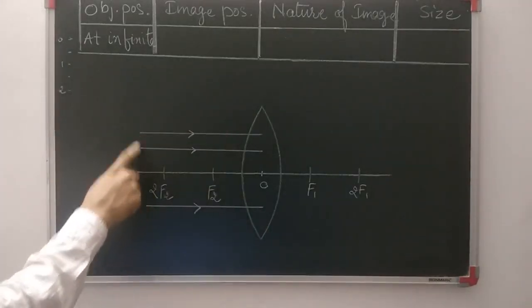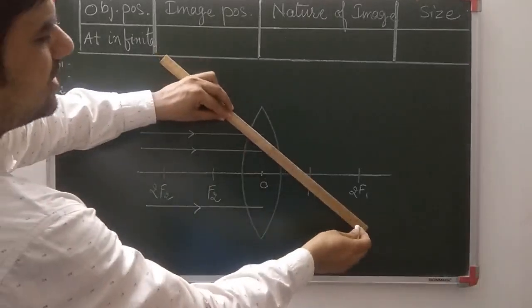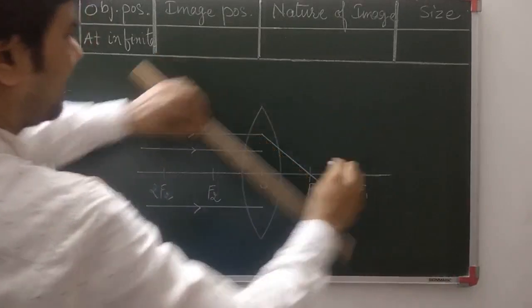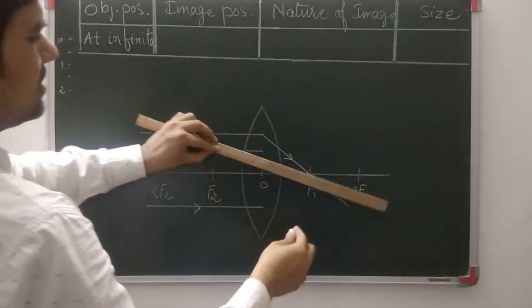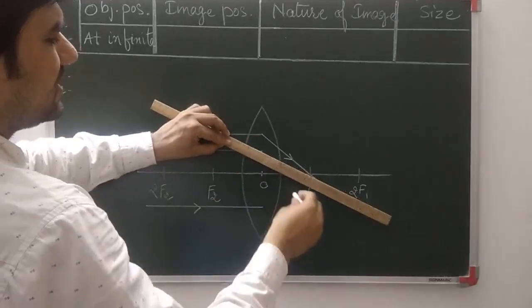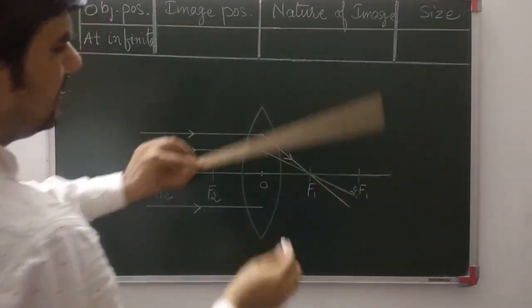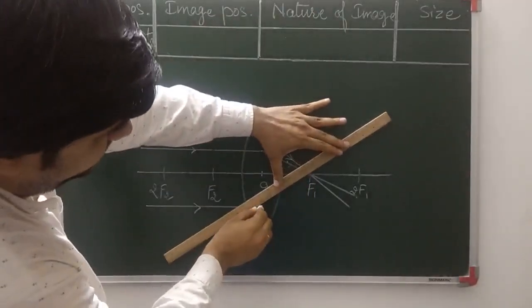We can consider the rays coming from the sun, for example. As we discussed, according to the first rule, if it is parallel to the principal axis, after the refraction it passes through the focus. Again, after the refraction it passes through the focus, and again it passes through the focus.